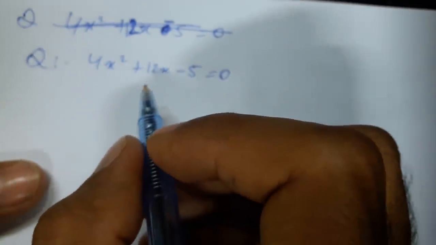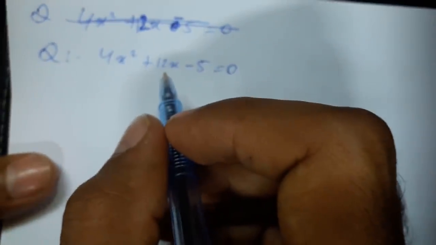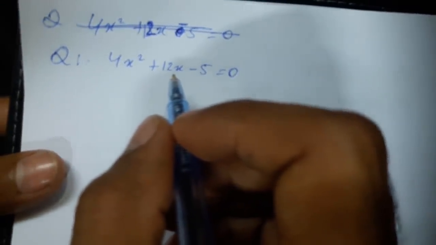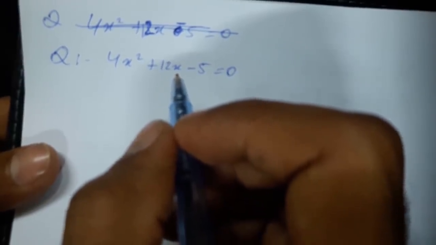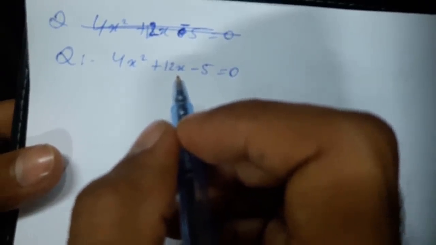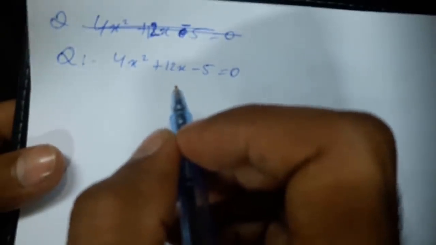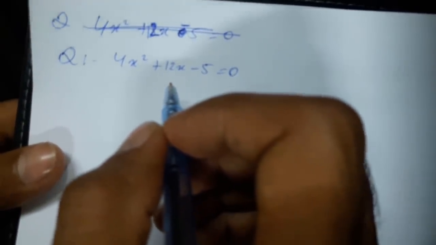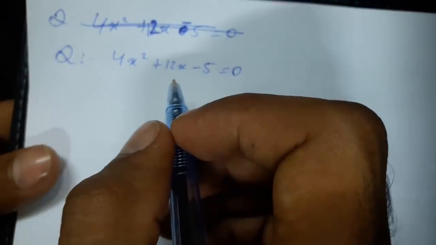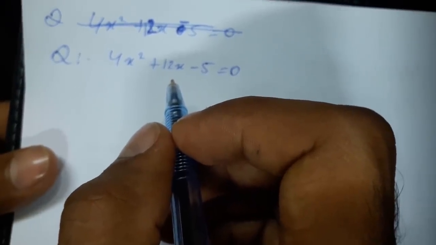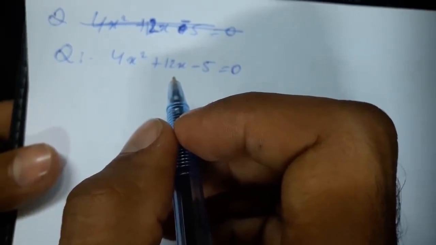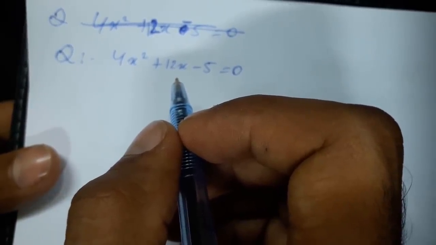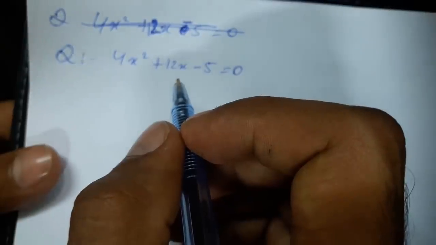Remember that every question can be solved by quadratic formula, but every question cannot be solved by the multiplication method or by the completing square method. You can solve every question by quadratic formula. It's the last way you can solve the question. But you cannot factorize every question by the multiplication method or the completing square method.